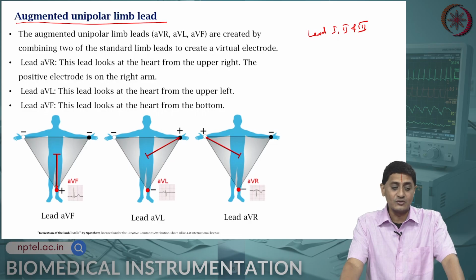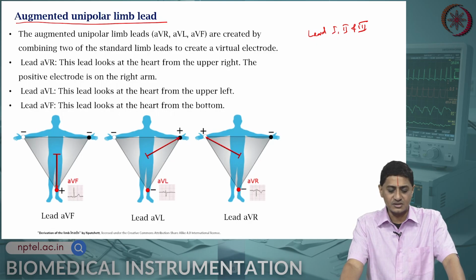In this case you combine two of the standard limb leads to create a virtual ground or a virtual electrode. For example, if you take AVR, this lead essentially looks at the heart from the upper right.